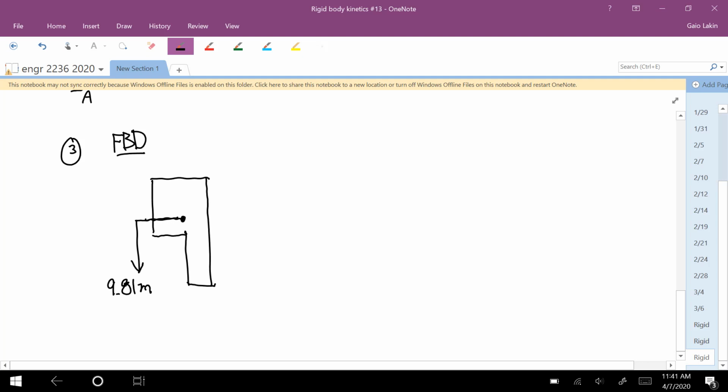We're going to have to calculate where that centroid is. Really, all we need to know is the x coordinate of that centroid, so we could save a couple keystrokes if we wanted. And then we have a pin joint here that produces some reaction force. That's not going to contribute to the moment. We'll see that that doesn't end up contributing to anything we care about. But okay, let's do the centroid.